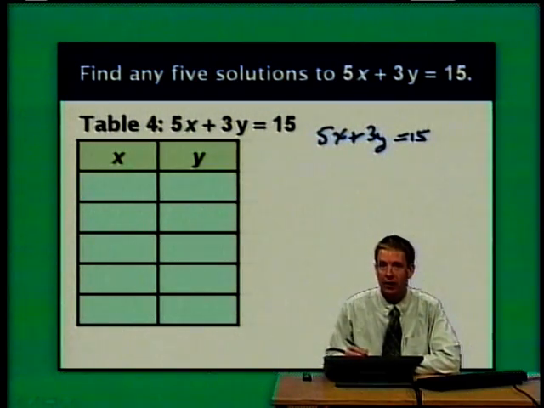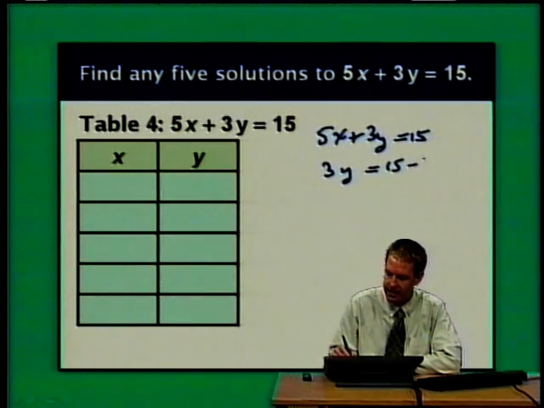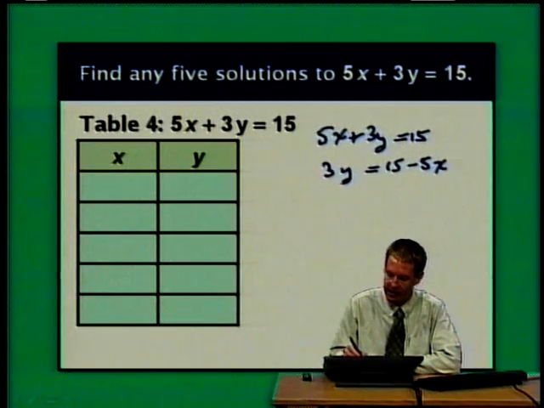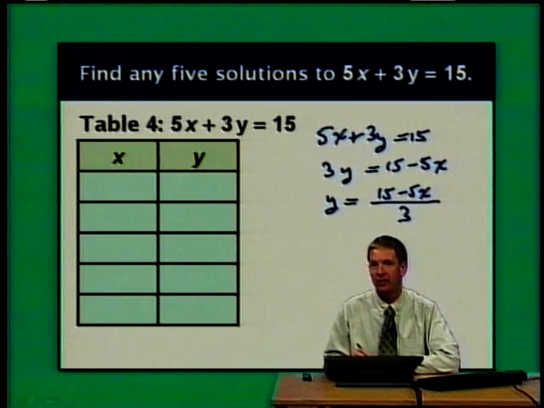As we saw earlier, when I subtract 5x from both sides of the equation, I have 3y equals 15 minus 5x. And then when we divide both sides of the equation by 3, we have y equals the quantity 15 minus 5x over 3.